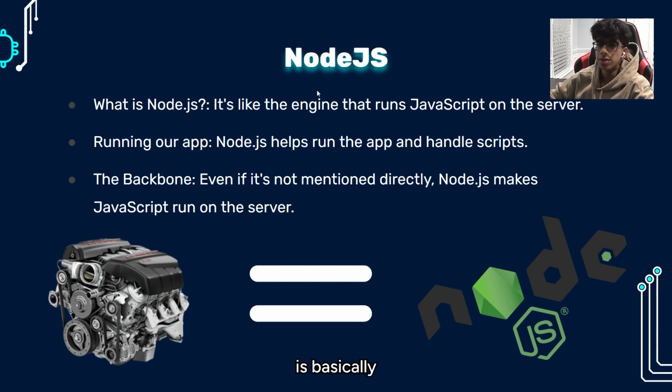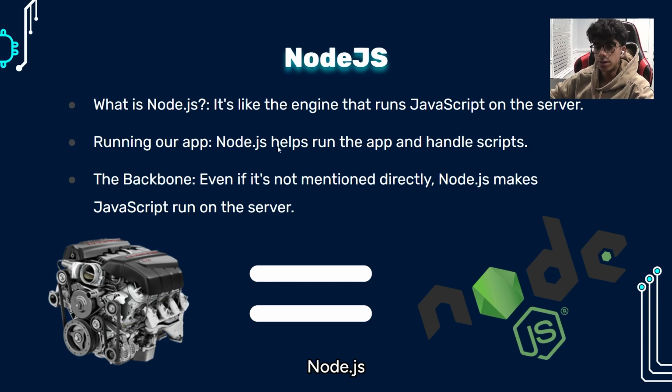Node.js is basically the engine of your entire app, and it runs JavaScript on the server as we mentioned previously. As you can see here, that's our Node.js engine. Doesn't look like that, it looks more like this, but it's the engine of our app.